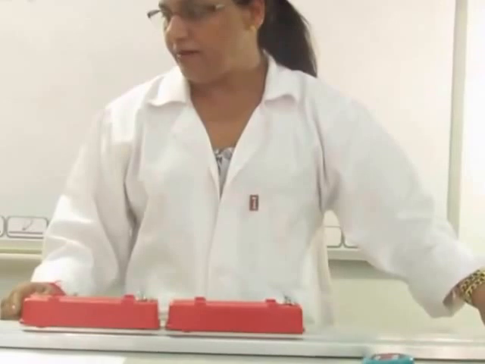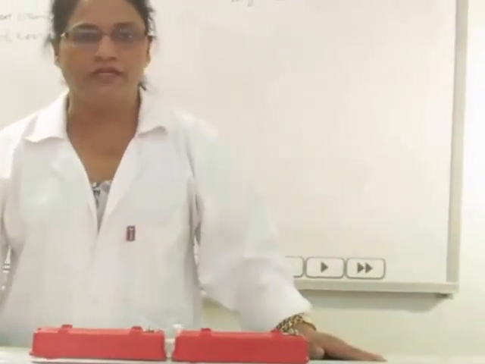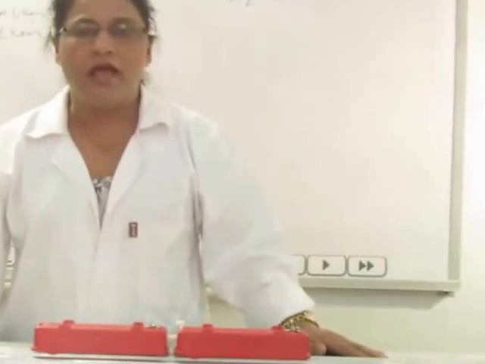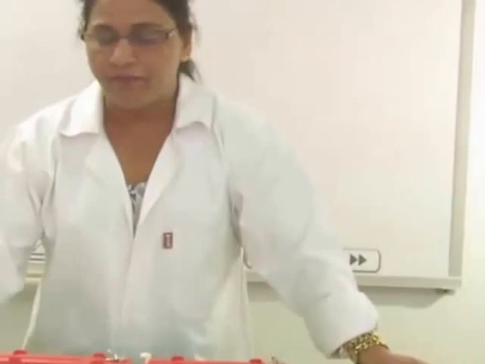Secondly, I used some pieces of paper here under the dynamics track to level the track to make sure that it is horizontal and to ensure that there is no component due to the force of gravity acting along the plane in which the trolleys are going to move.